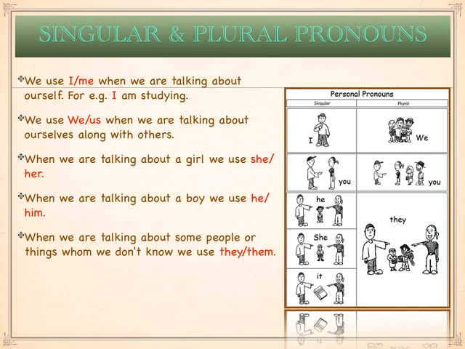For example, they went for a picnic last week. Next one. We use it or they for things. So here the pronoun it or they is used for things. For example, the car is not working. It is broken.